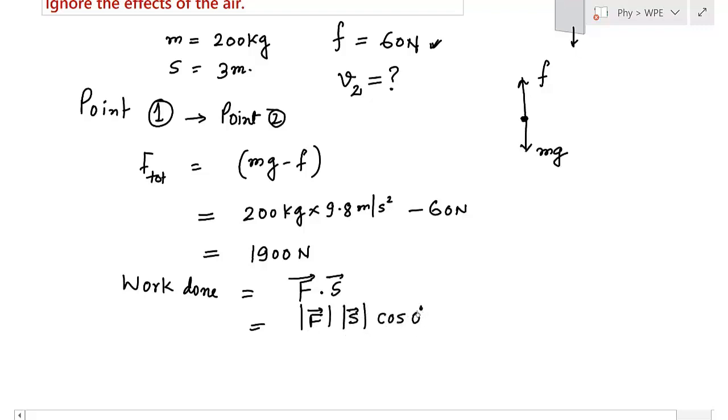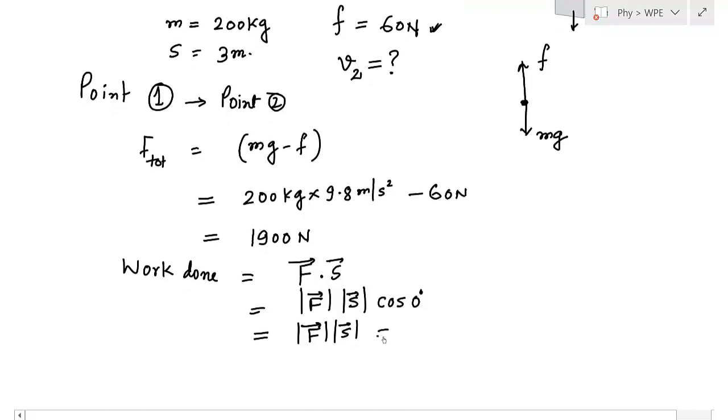In this case phi is 0 degree, so this simply becomes F times S. The magnitude of F is 1900 and the distance is 3 meter, since the hammerhead has fallen through 3 meter. So we can calculate the total work done in this journey, that is 5700 joule.